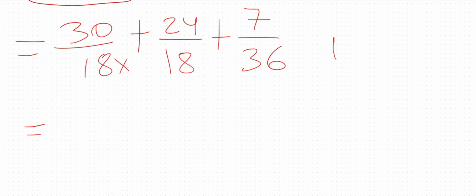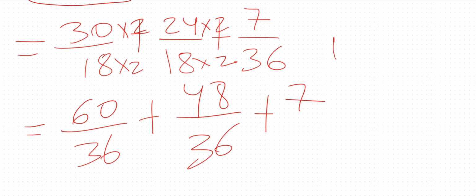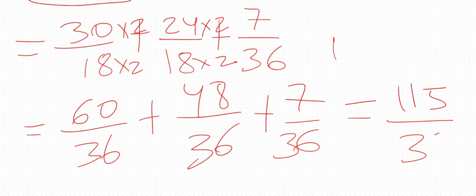We make this whole thing times 2. So 30 times 2 is 60, divided by 36. 24 times 2 is 48, divided by 36. And finally we keep 7 over 36 the same. Now just finish it off. 60 plus 48 plus 7 is 115 divided by 36.